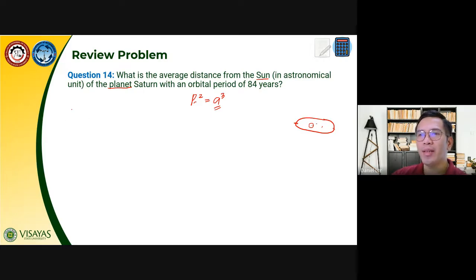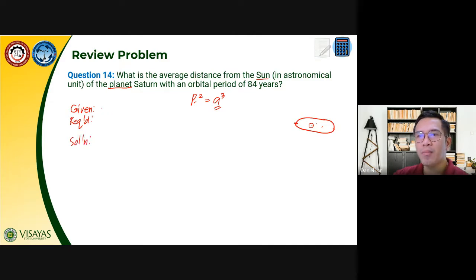For your midterm exam, you have to follow the correct procedure in answering problem solving. You first write the given, followed by what is required, and lastly, the solution.